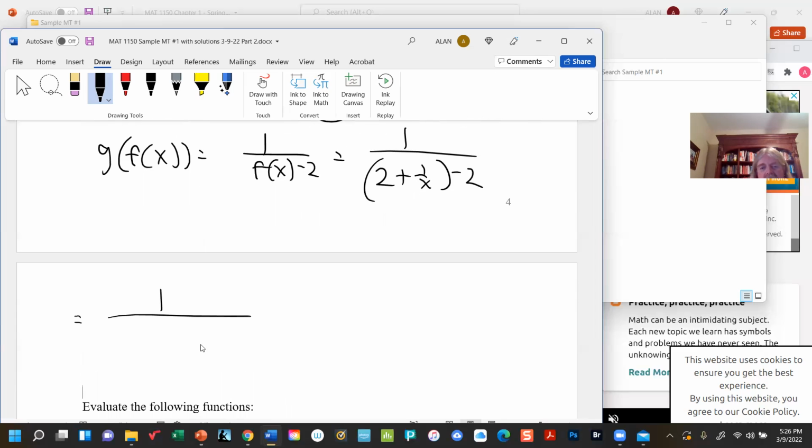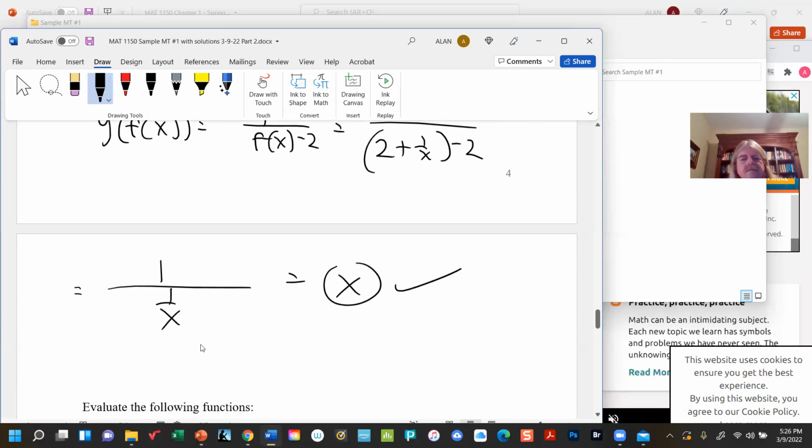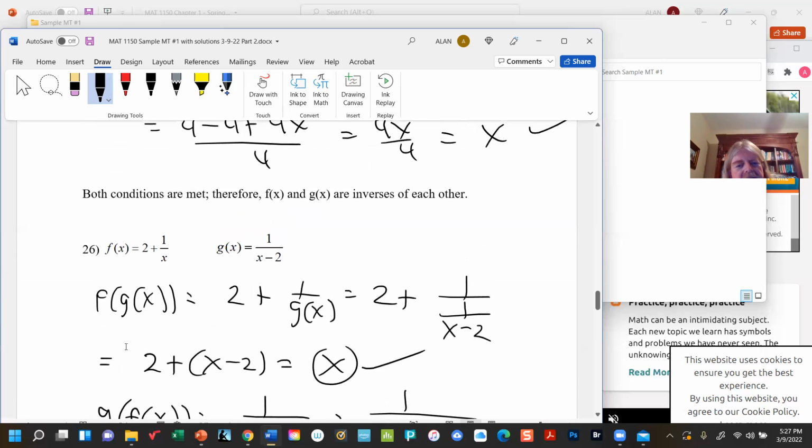Now, when you drop these parentheses, you'll just end up with 1 over 1 over x, which is just x. Okay, great. Therefore f of x and g of x are inverses of each other. Perfect. All right, and that's what we set out to prove.